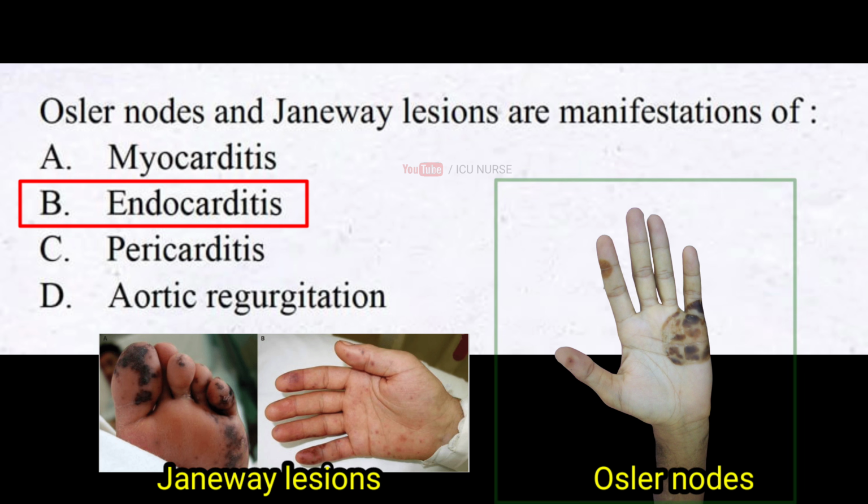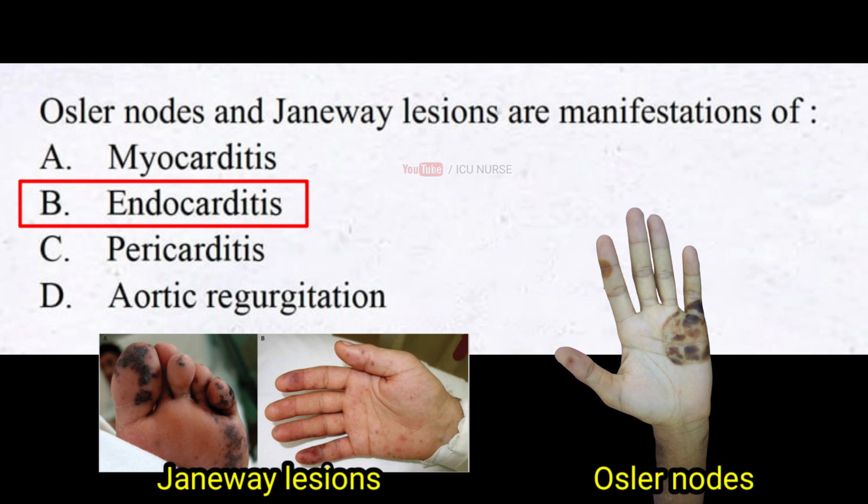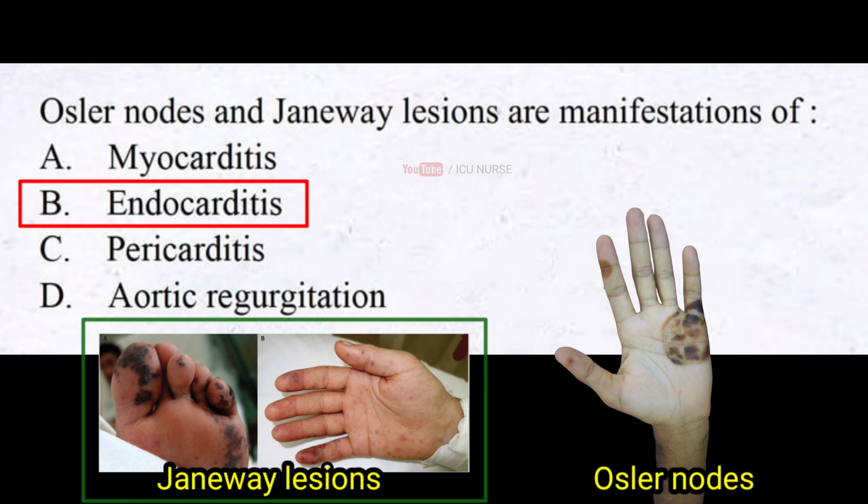The nodes are commonly indicative of subacute bacterial endocarditis, whereas Janeway lesions are irregular, non-tender hemorrhagic macules located on the palms, soles, thenar and hypothenar eminences of the hands and plantar surfaces of the toes. They typically last for days to weeks. They are usually seen with the acute form of bacterial endocarditis.